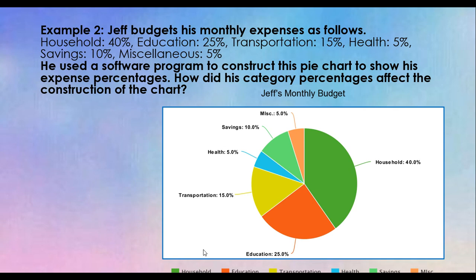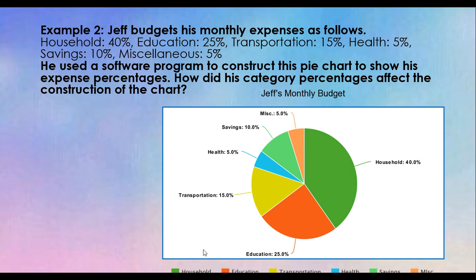How did his category percentages affect the construction of the chart? So think about this for a second. It is not a trick question. Trust. So when you use the software, how did the category percentages affect the way that the pie chart looks? Give you guys a minute to think about that.